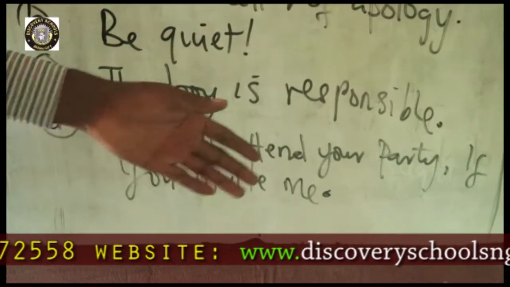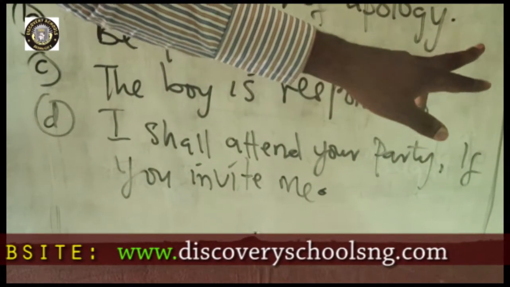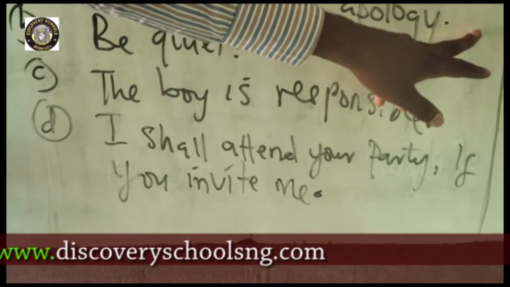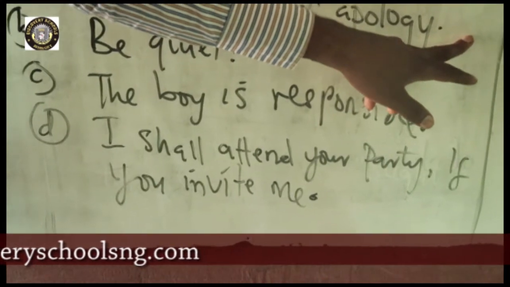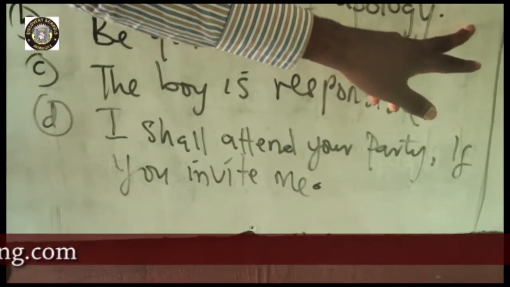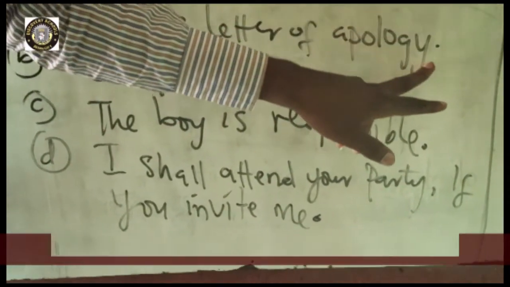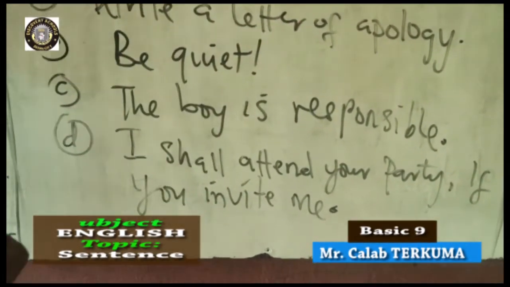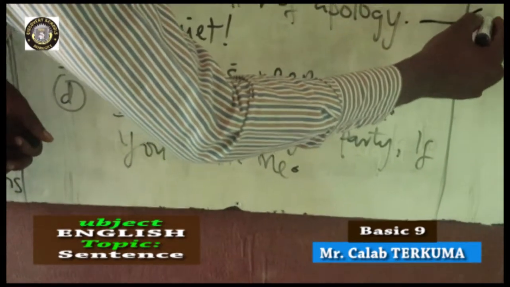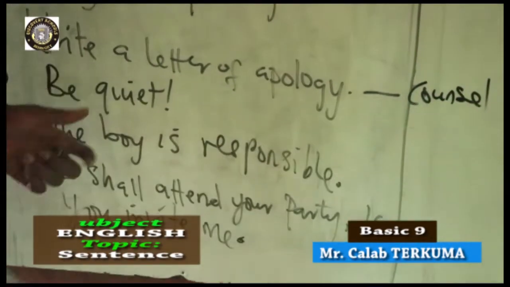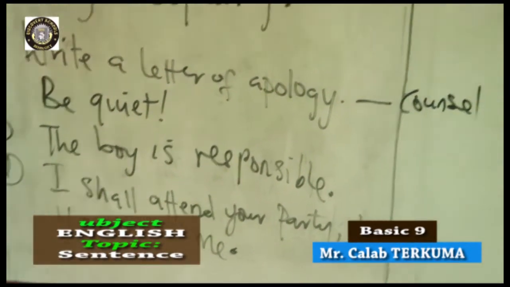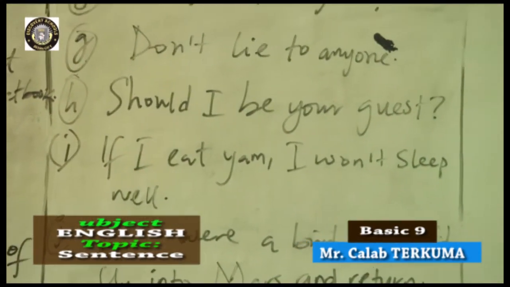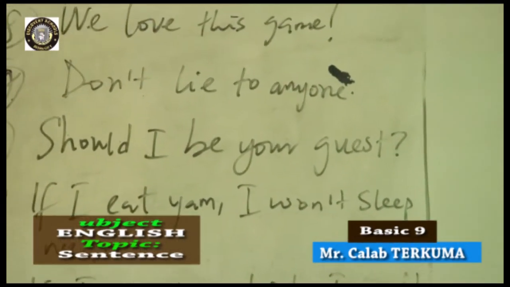Or it could be a counsel. But specifically, this is a counsel. It's not a command, but you are counseling someone to do what? To apologize. So, write a letter of apology. That's a counsel. You do that, follow that. So here you will just put dash counsel. Like that for all the statements to number J. Is that okay?